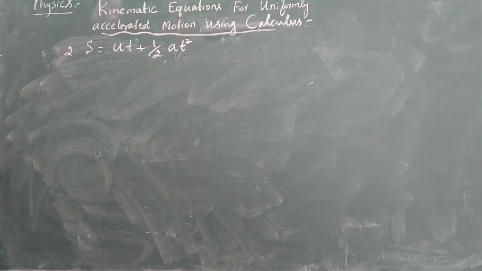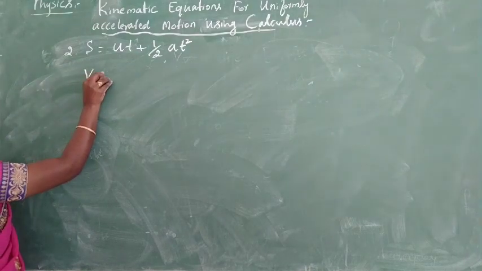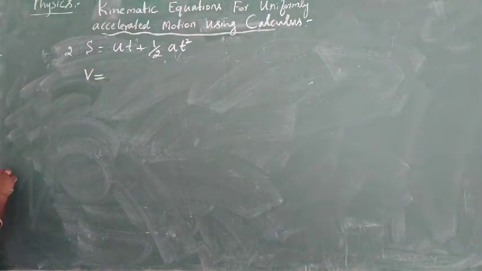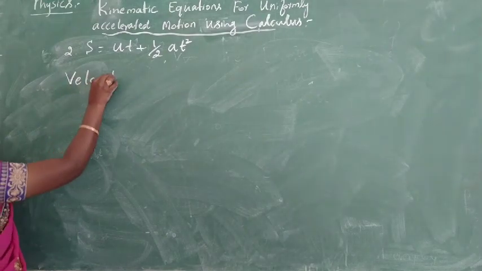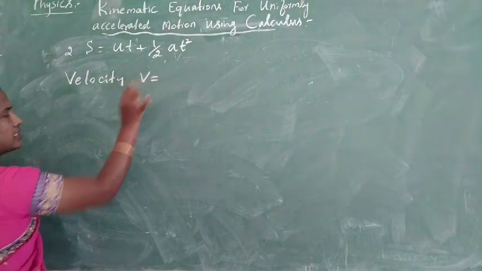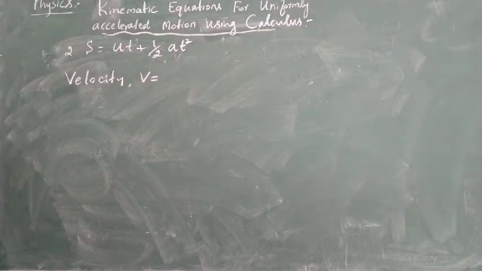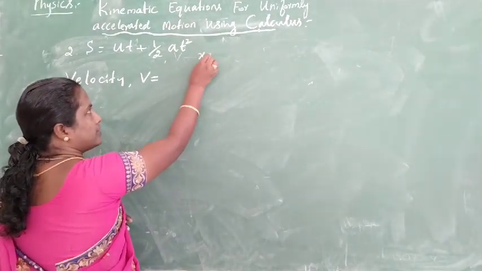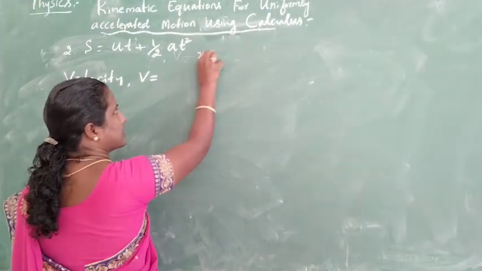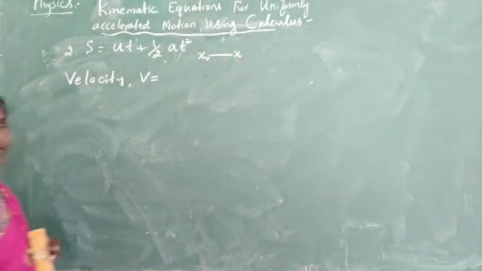We know that we have taken velocity and acceleration. Now let us consider velocity. What do you mean by velocity? Velocity v is the rate of change of displacement. Consider an object moving from the initial position x naught to x.